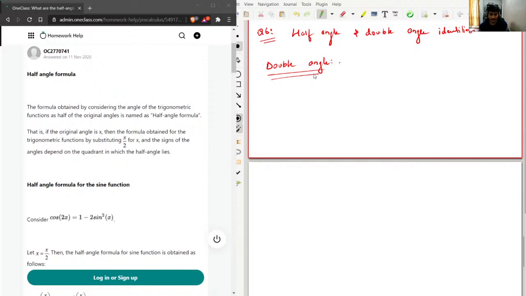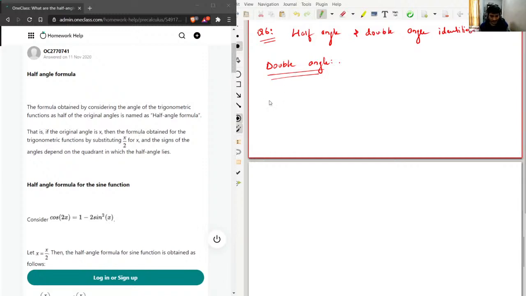In that case, we use double angle identities to find the trigonometric ratios for double the angle. From the name itself, it clearly states that if we know the trigonometric ratios for an angle, we can calculate the trigonometric ratios for its double angle.